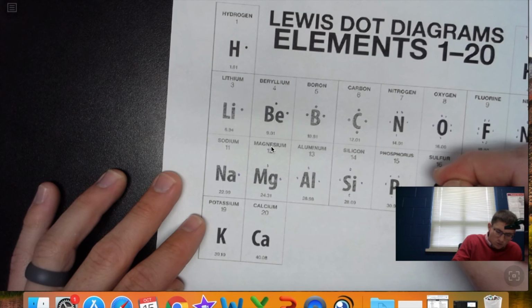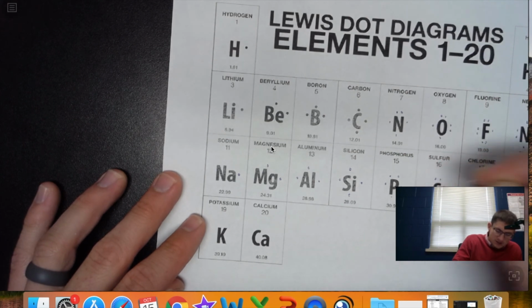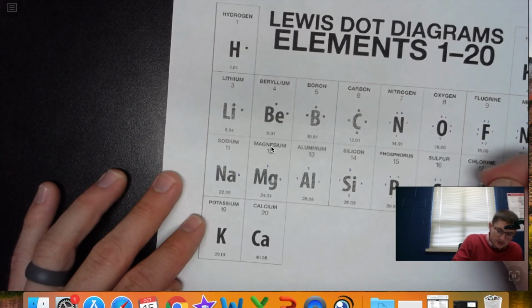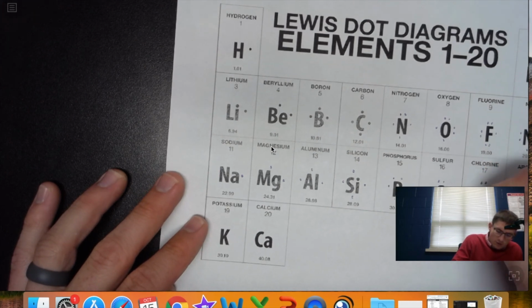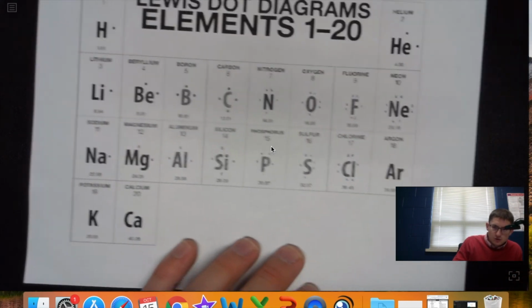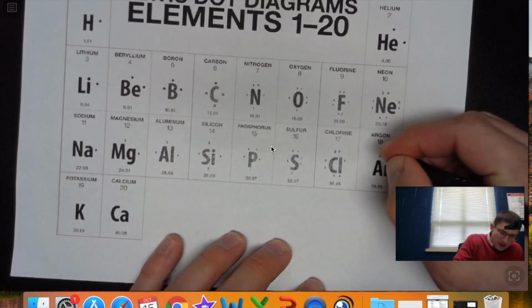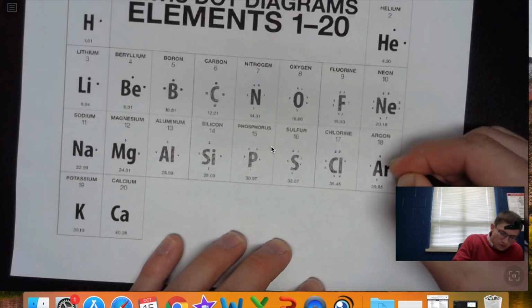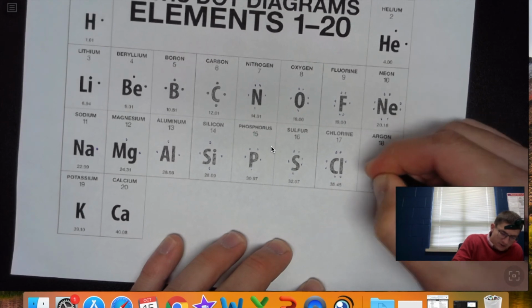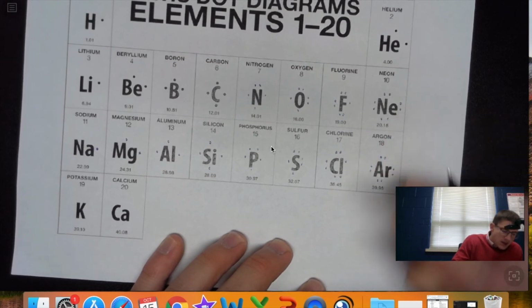Sulfur has 1, 2, 3, 4, 5, 6, just like oxygen. Fluorine has 7, so chlorine has 7. 1, 2, 3, 4, 5, 6, 7. Argon is going to be with neon in those noble gas sections, having a total of 8. 1, 2, 3, 4, 5, 6, 7, 8.